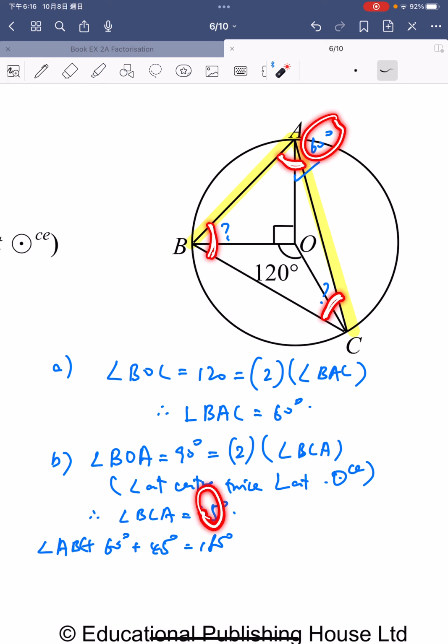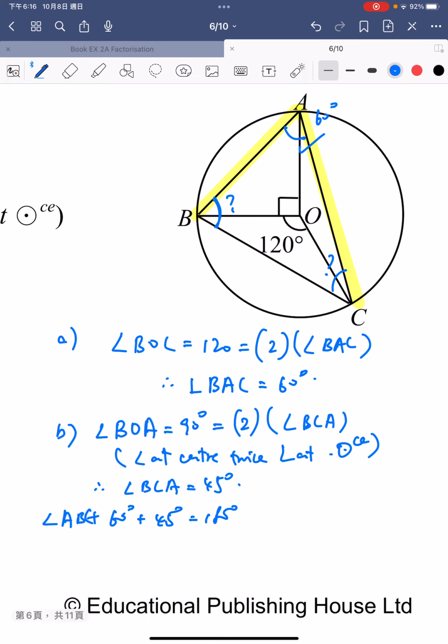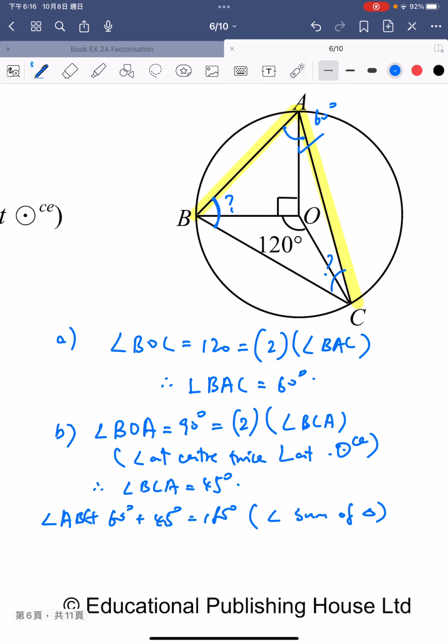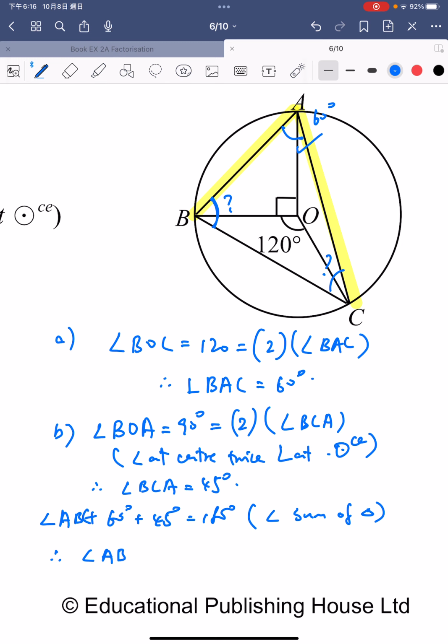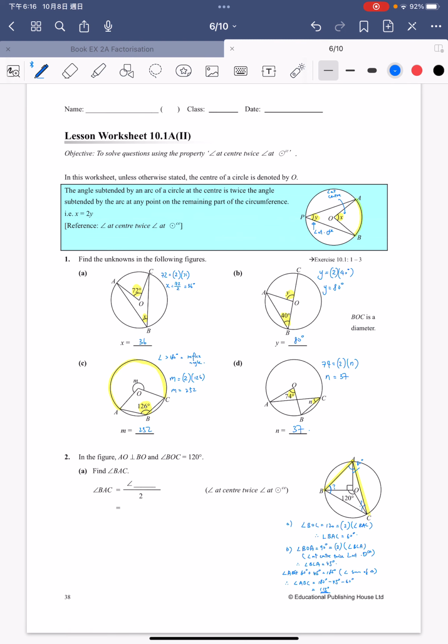Then these three angles added together give you 180 degrees by using the angle sum of triangle, so that we have the angle ABC is equal to 180 minus 45 minus 60. This will give you 115 degrees. So that's for question 2.